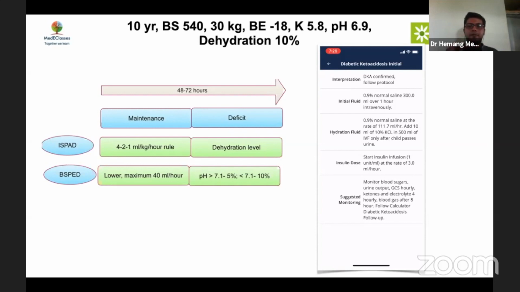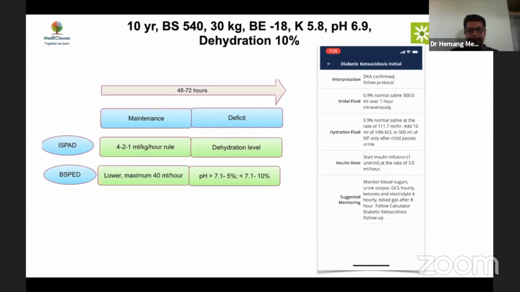Another thing is, if the child is less than 1 year, then we need to provide a lesser amount of insulin, that is 0.05 unit per kg per hour. So in our app, it is inherently in our algorithm, and the user doesn't have to worry about that.